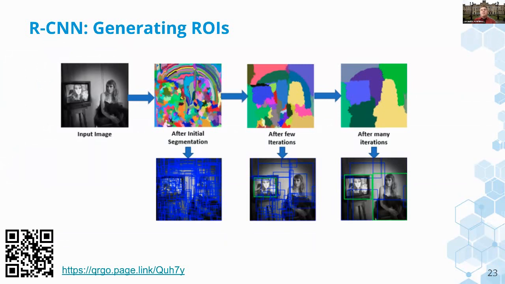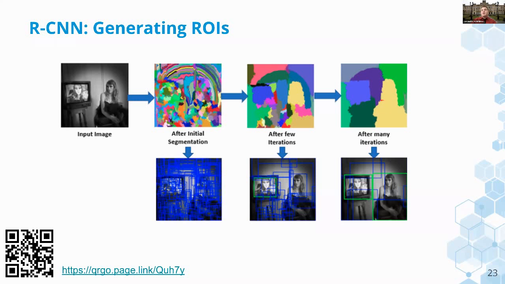First of all, we apply the selective search algorithm, which clusters each pixel on the image and merges these pixels into a group of similar pixels, which form zones that we call regions of interest, or ROI for short.